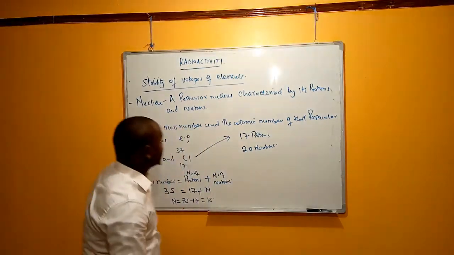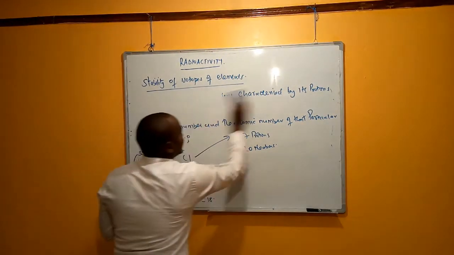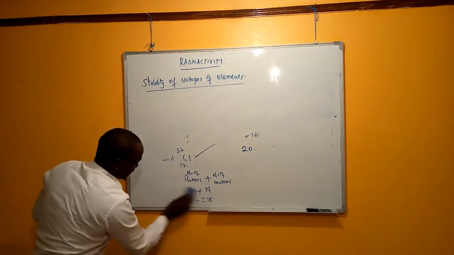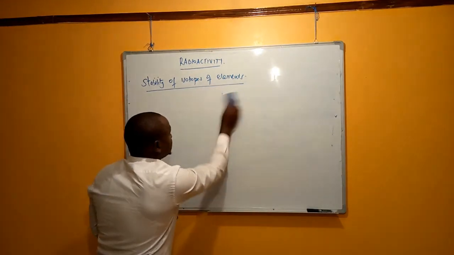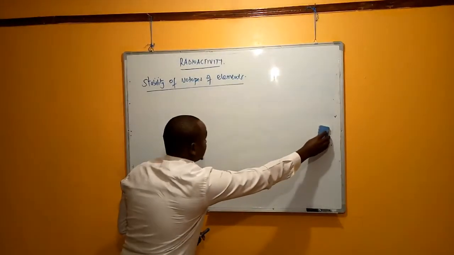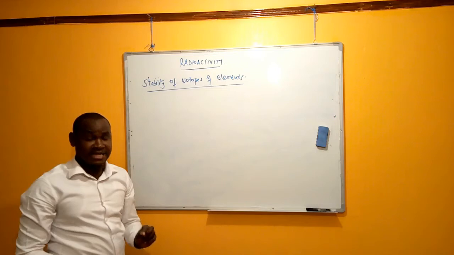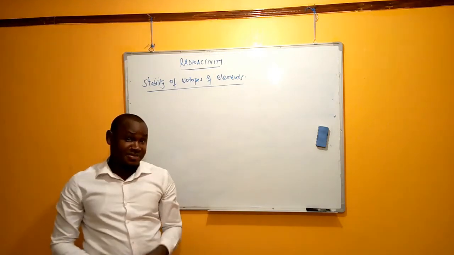Now, proceeding from there, many elements have nuclides with the same atomic number but different mass numbers.